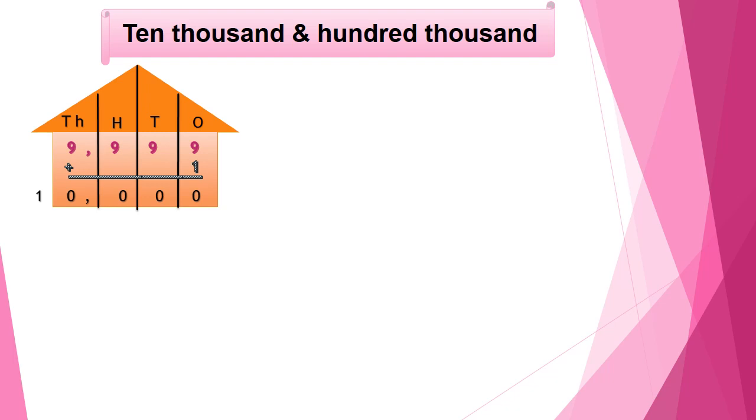Again, 9 plus 1 equals 10, put 0 and carry 1. And again. And the last digit, 9 plus 1 equals 10, we will write all of the 10. So the result contains 5 digits, and we need a bigger room.